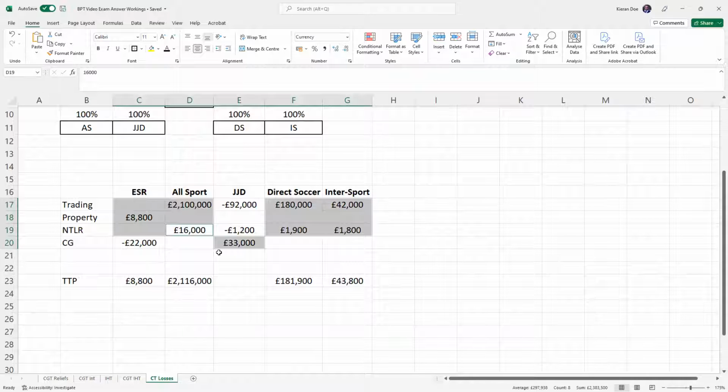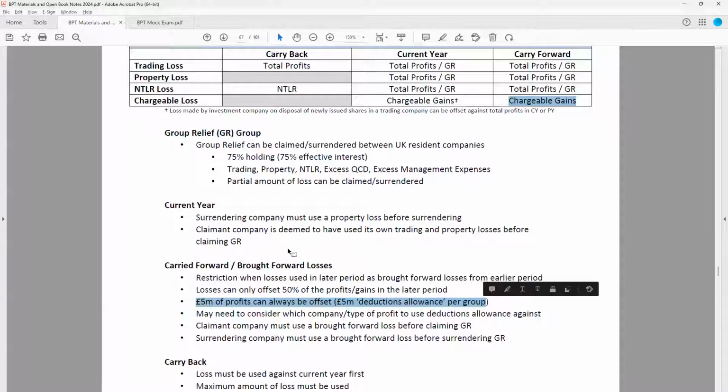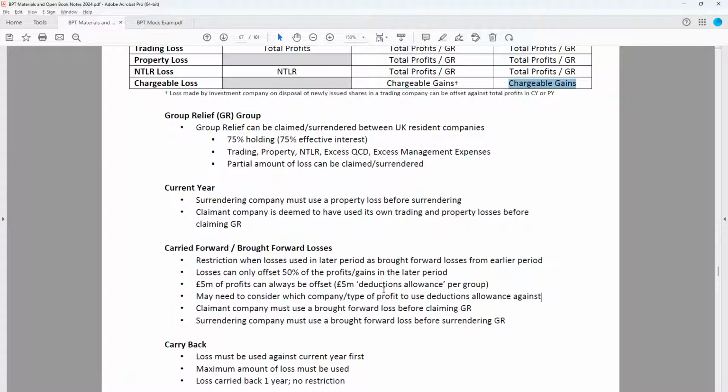We can see a company's got just under 2.5 million of profits, so that's all going to fall well within the deductions allowance. So we haven't really got this issue that we saw in previous questions, like when we worked through MB from the past exam. That focused heavily on the deductions allowance because of the size of the numbers in the group. They were big, multi-million pound profits and losses, and therefore the deductions allowance was an issue there.